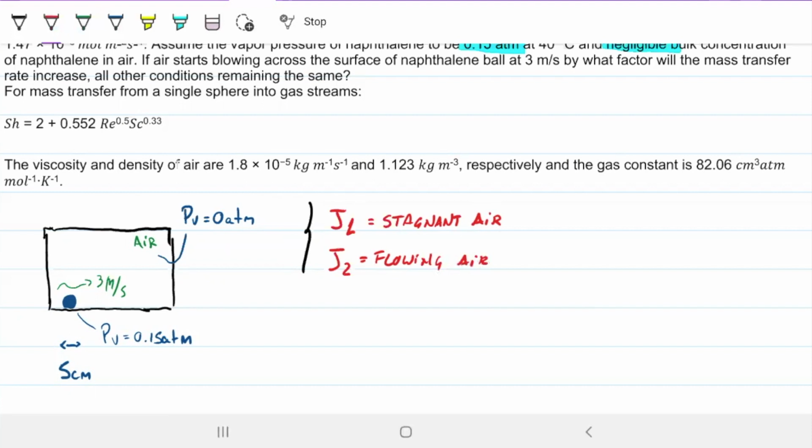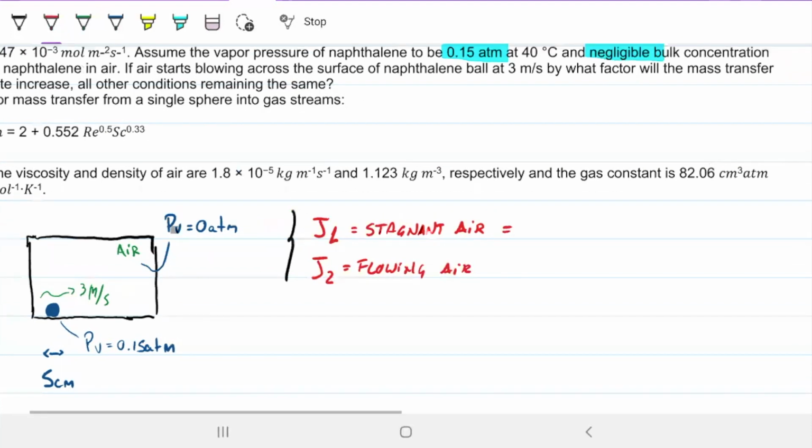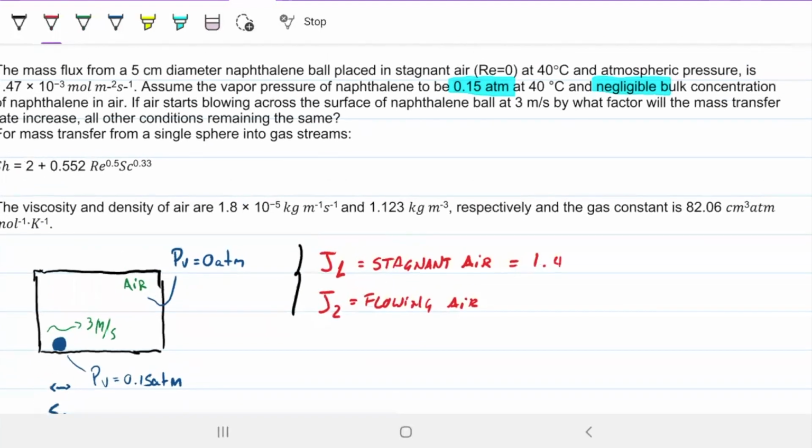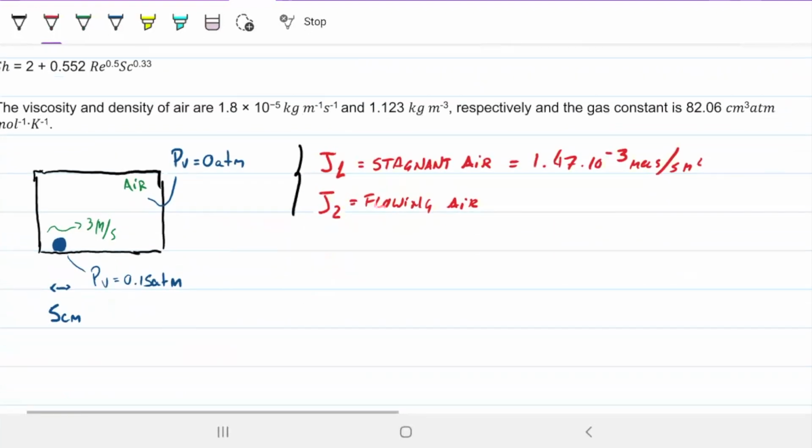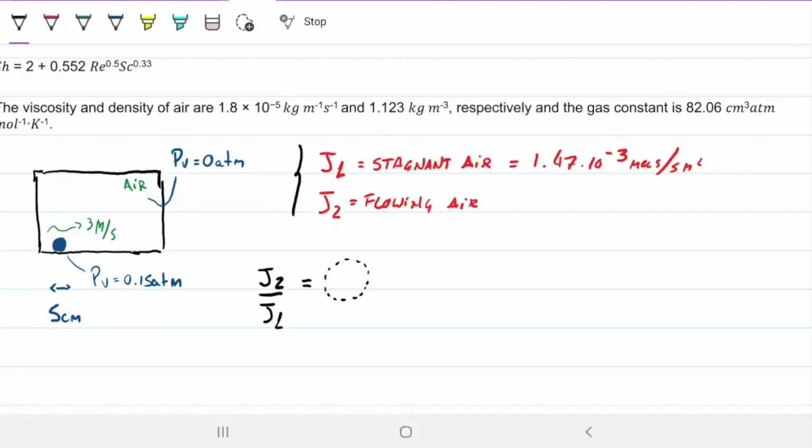Now, J1 has been given at the beginning: 1.47 times 10 to the minus 3 moles per second per meter squared. So the question really is, what is J2? Because if I can find J2, then the factor by which it increases is just dividing one by the other. So it's just a matter of finding J2.